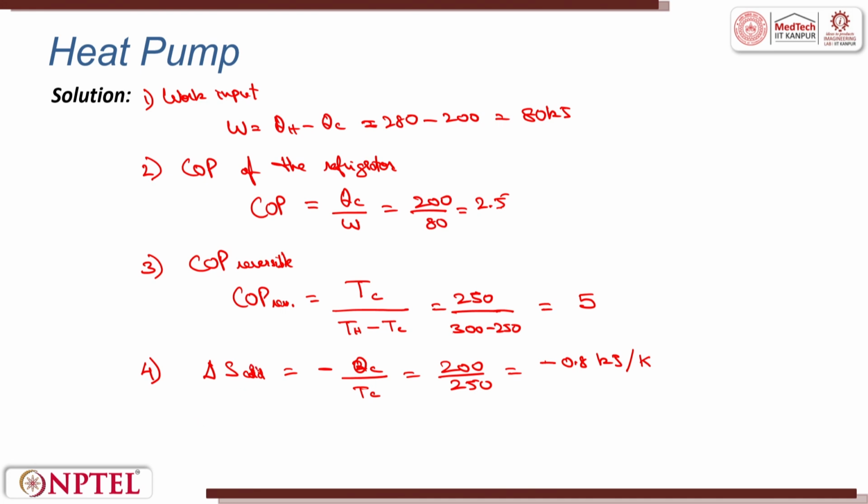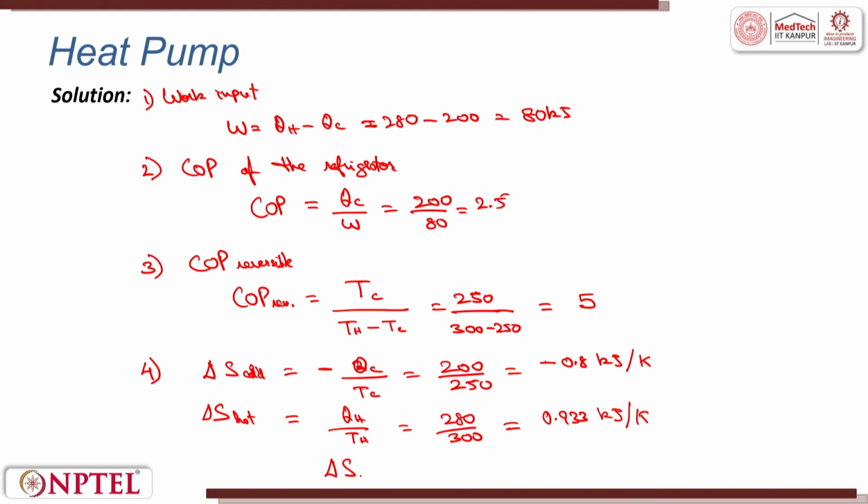And entropy for the hot body is QH by TH, that is equal to 280 by 300, which is equal to 0.933 kilojoules per Kelvin.